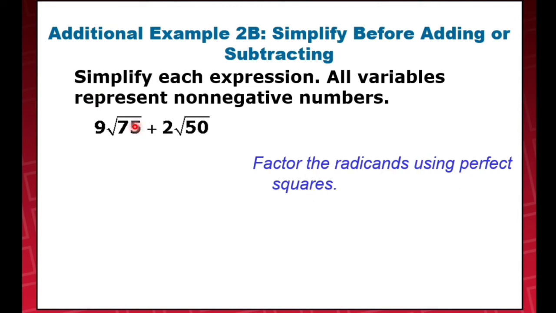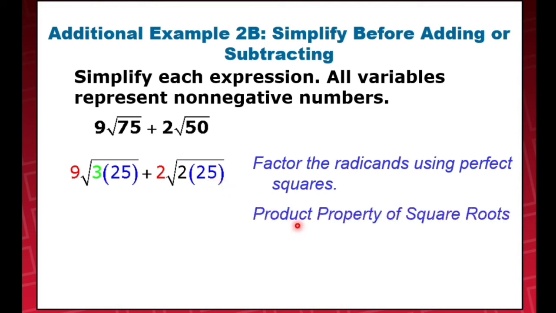So yung 75 at saka yung 50, we need to factor them out in such a way that one factor is perfect and the other is not. Okay, katulad nito, yung 75 can be factored out as 3 times 25, while yung 50 can be factored out as 2 times 25. Okay po?